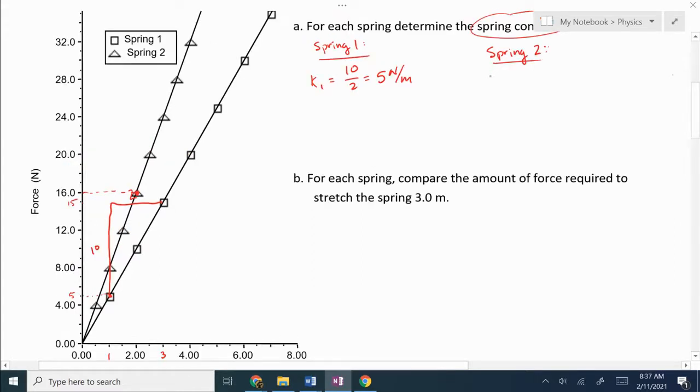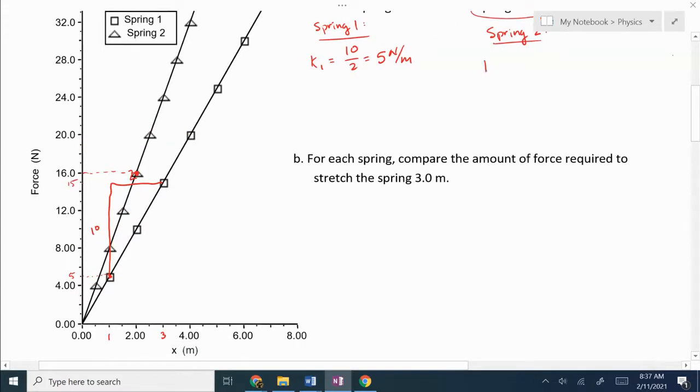We'll do this one a little bit differently. K2 is equal to, let's pick that one as well. That's 3. So that's 20 minus 16 on the top.